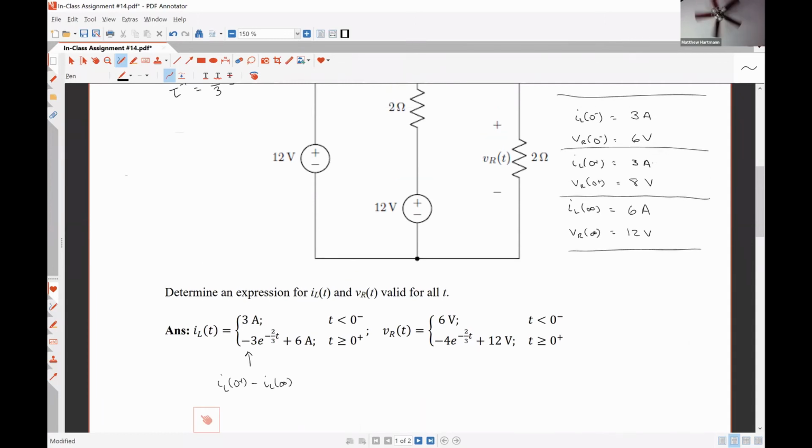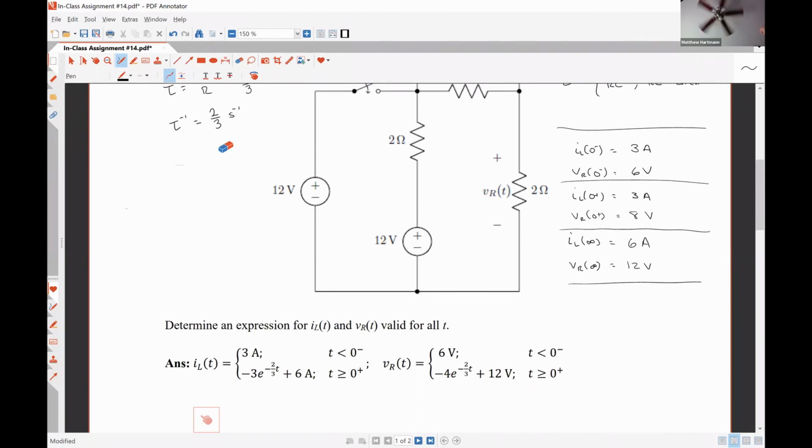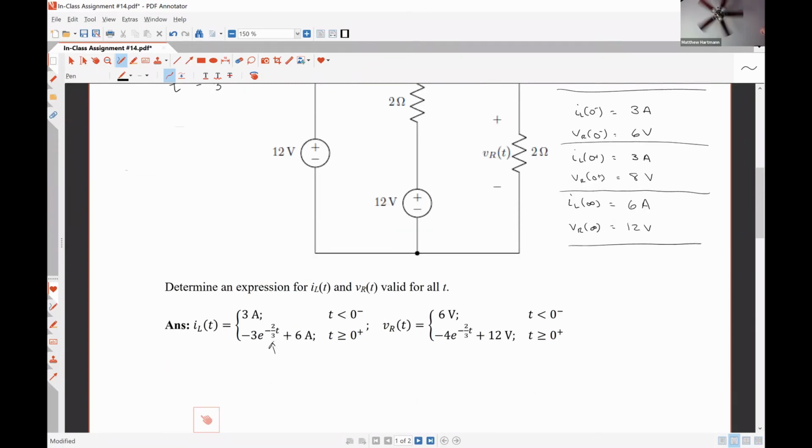IL at 0 plus is 3 minus IL at infinity, and 3 minus 6 is -3. So that works out. The inverse of our time constant we got to be 2/3, which is where this guy comes from. IL at infinity is 6 amps. So it looks like we've gotten everything we would have needed to put into our generic expression for our inductor current.